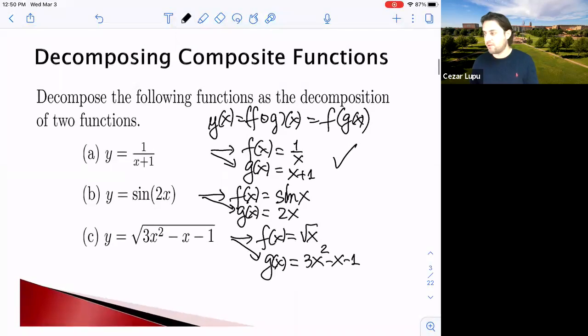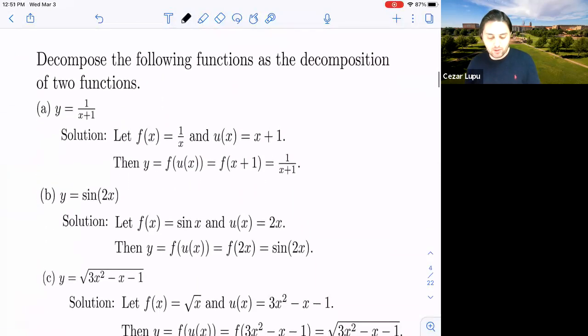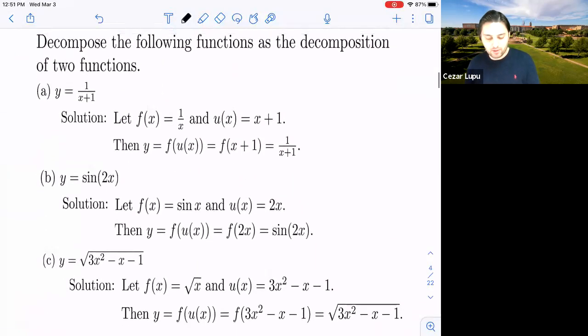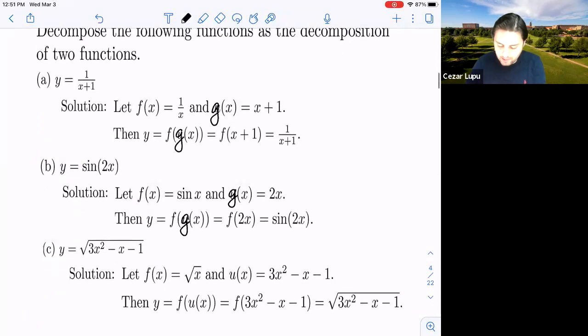I hope it's clear for everybody, right? So let me show you. Well, I used a different notation here in my slides. Instead of g, I said u, but it's the same thing. So you can say this is g. All right, so that's it, exactly.